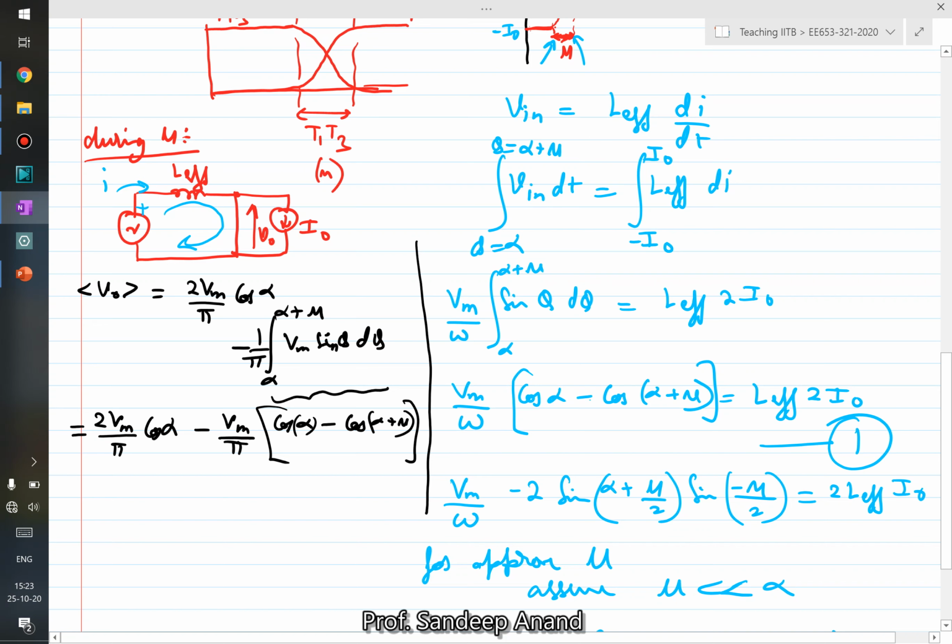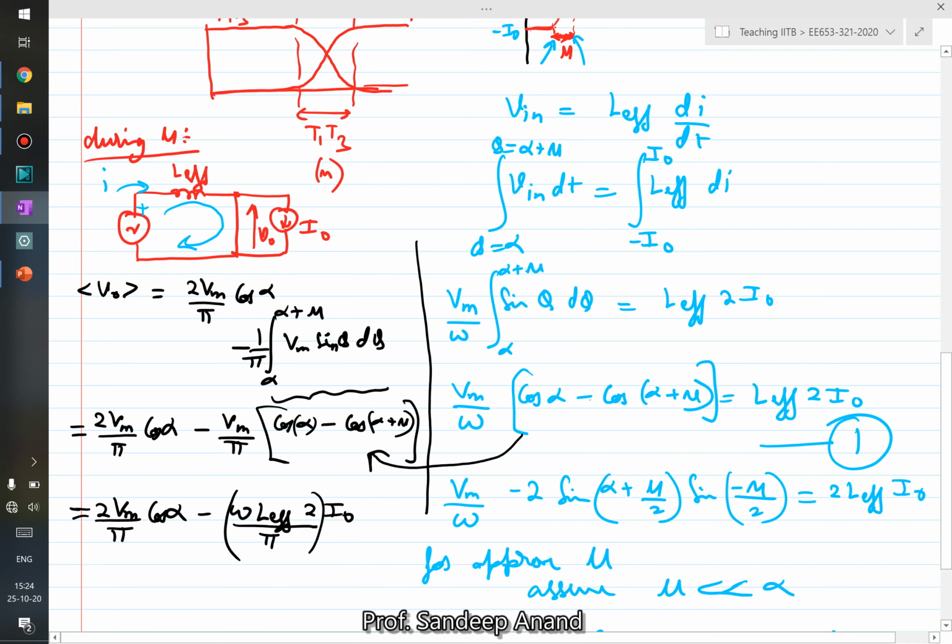Now if you see equation 1, we can substitute this term from equation 1, and therefore we'll have 2Vm by pi cos of alpha minus omega L effective 2I naught upon pi.